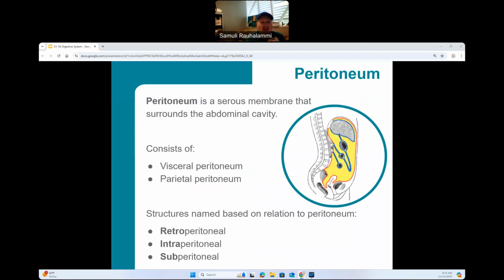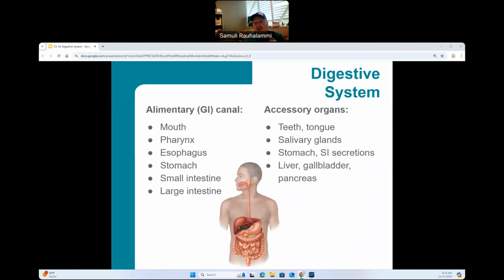So now that we have all of this basis established, I think we're ready to move on and actually look at the different parts of the digestive system. The digestive system can be divided into two parts. The first part is the alimentary canal, sometimes called the gastrointestinal tract, which I often abbreviate as the GI tract or GI canal.